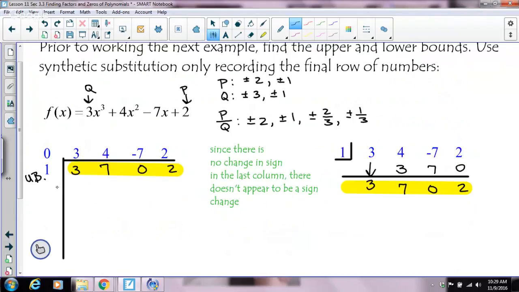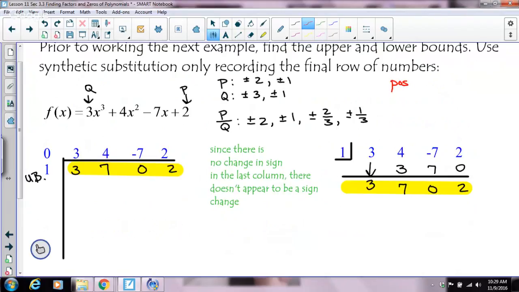All right, so look what you just discovered. 1, when you substitute using synthetic substitution, you get that it's the upper bound. That means, is 1 a 0? No. Should you even try 2? No, because 1's the upper bound. So do you see how that helps me? I can figure out how many positive real zeros I have and how many negative, can't I?